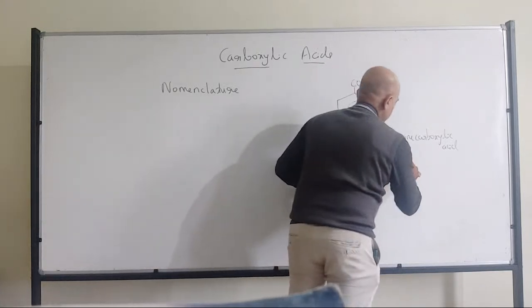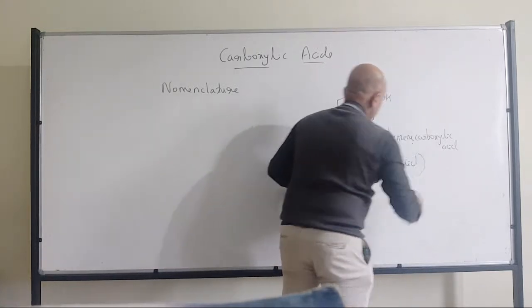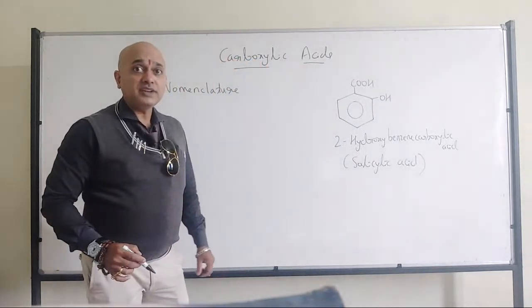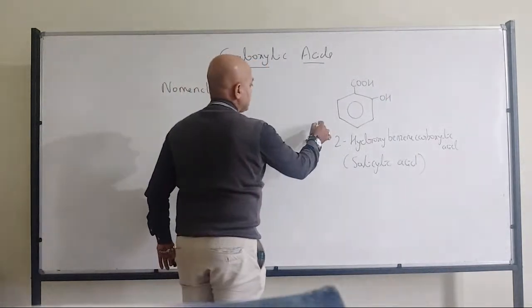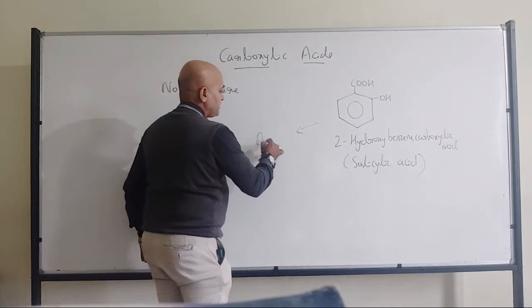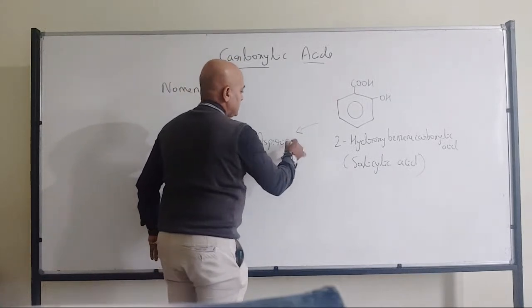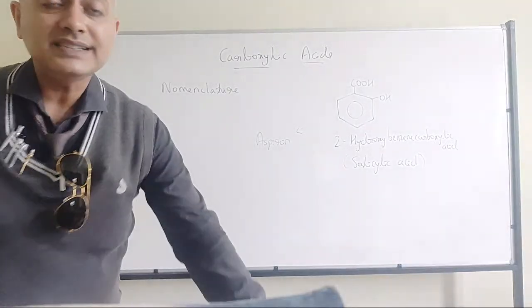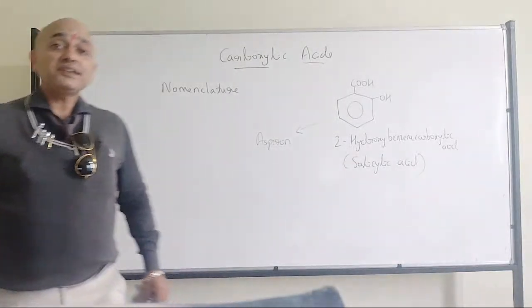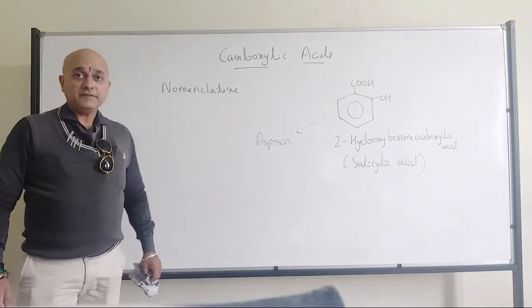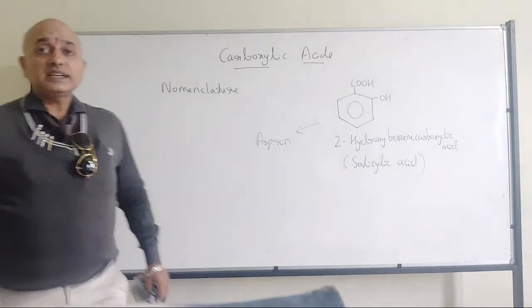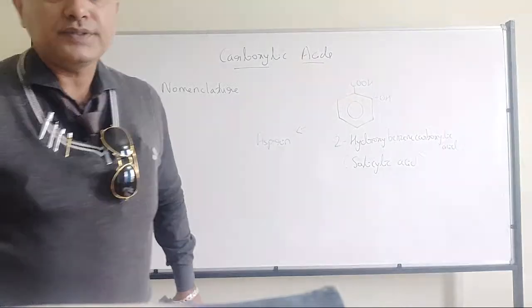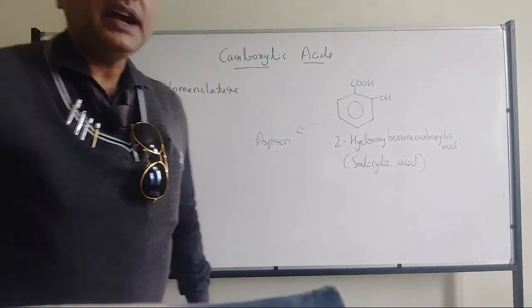Kolbe reaction. Not only that, we have a derivative of salicylic acid, that is aspirin, acetyl salicylate of salicylic acid. So that's where we have aspirin. Okay. So anyway, I will stop here.